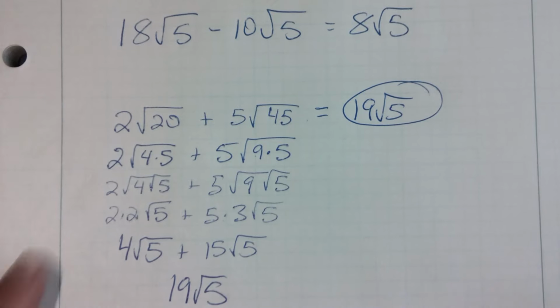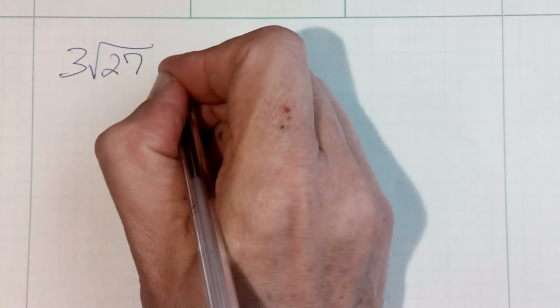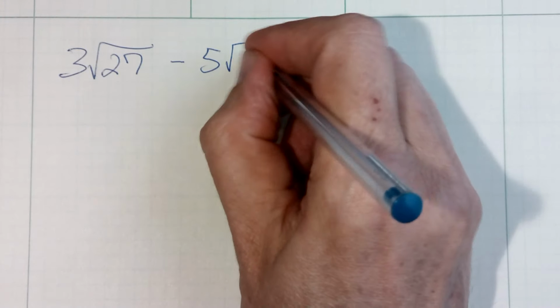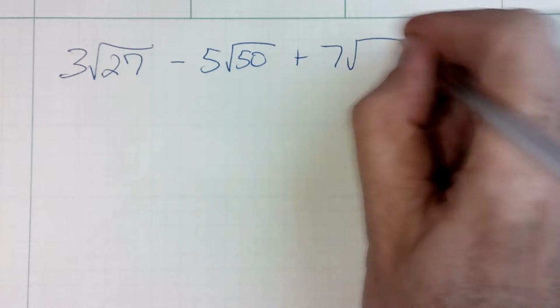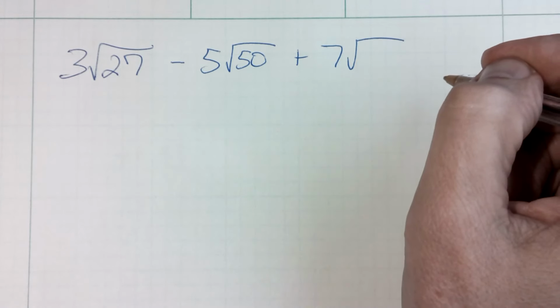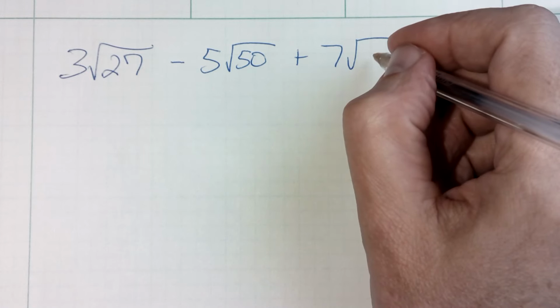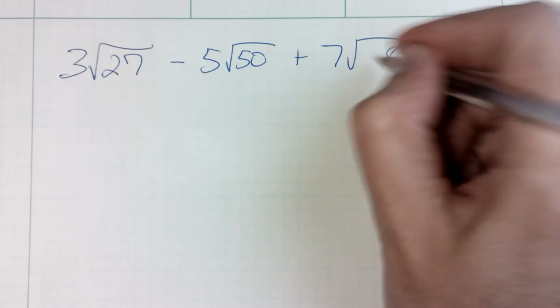Now remember, sometimes you will get expressions that don't reduce, or don't reduce as much as we would like. So for instance, let's do something like 3 square roots of 27 minus, I don't care, 5 square roots of 50 plus 7 square roots of 48.